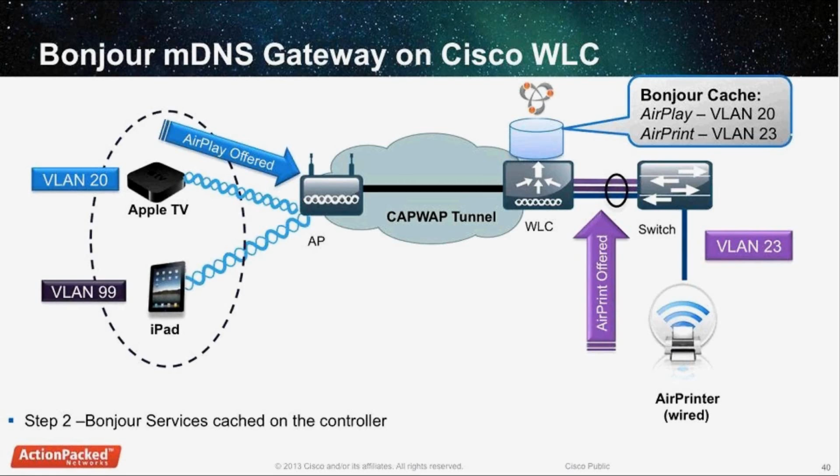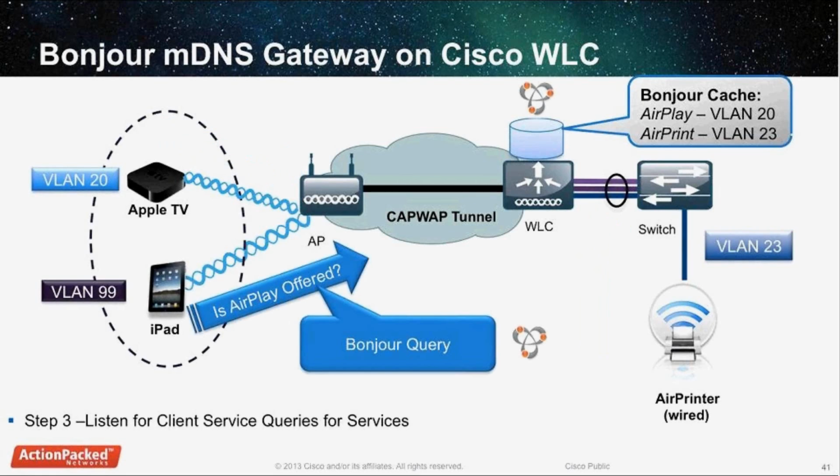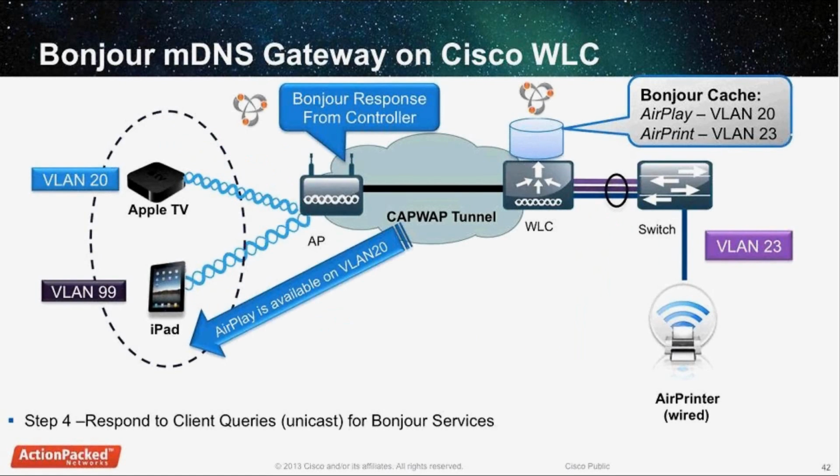So when the iPad asks for AirPlay, it sends a unicast request from the iPad to the wireless LAN controller, and the controller responds back with a unicast saying AirPlay is offered on VLAN 20 and here's the IP address.